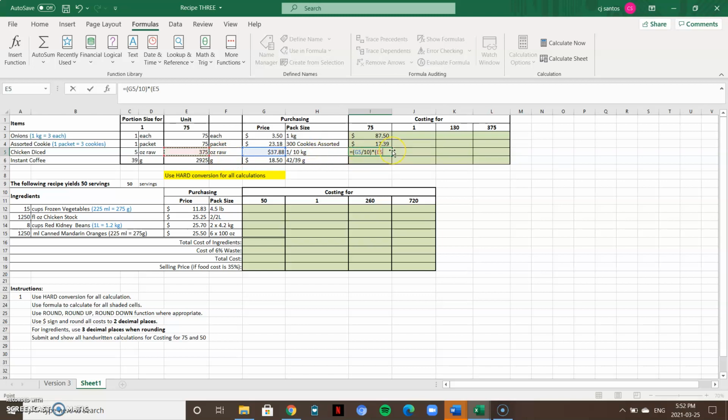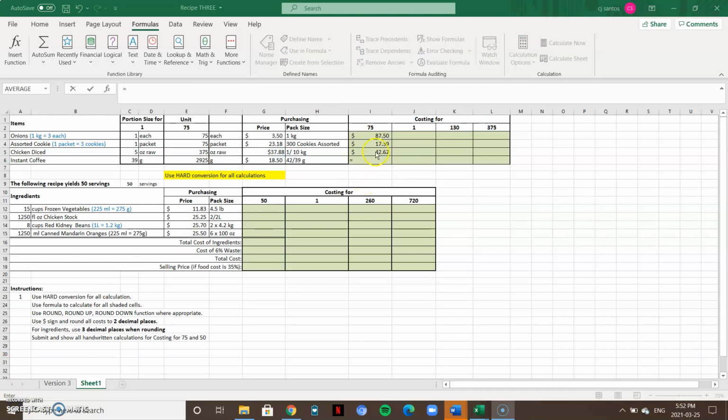So what I did here is 375 ounces, multiply that by 30 grams. That's basically a hard conversion. Then simply divide by 1000 grams to put it as kilograms. So all in total, it would be 11.25 kilograms. That would equal $42.62.